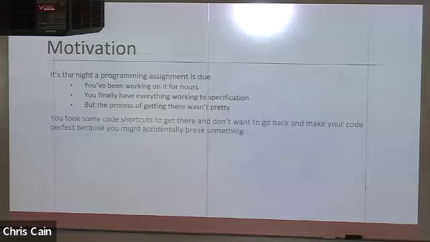That process involved taking some shortcuts. Now that it's working to specification, you go back and look at your code, and you're just like, this is a coding nightmare. It works, but I'm not proud of what I've created. It's such a jumbled mess that I'm really scared that if I go back and tweak it to try to make it look better, I might break something. So I'm just not going to touch it. Does that sound familiar?